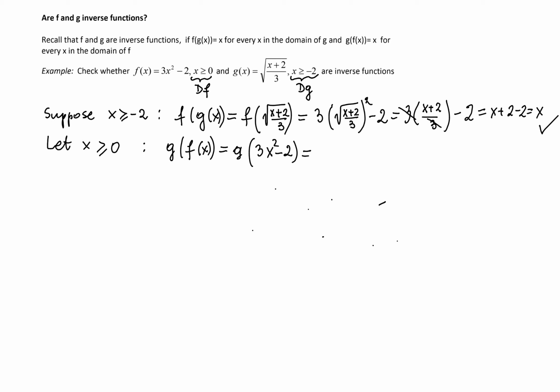And that is going to be square root of 3x squared minus 2, this goes for x, plus 2 over 3. So we can see that 2 and 2 will cancel out, and we'll end up with the square root of 3x squared over 3. 3 and 3 will reduce, and we'll have the square root of x squared, which is absolute value of x.